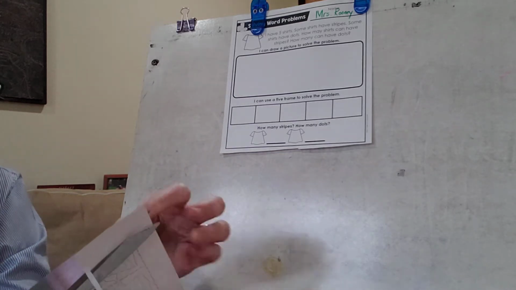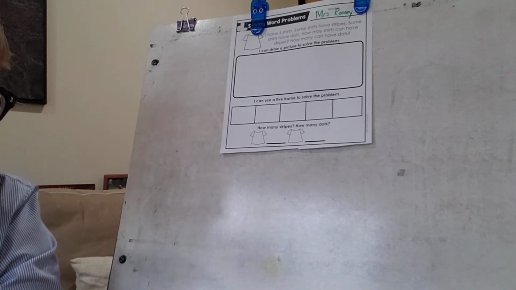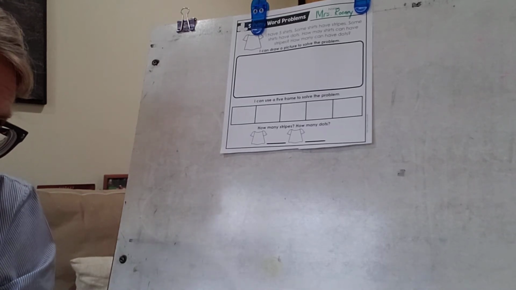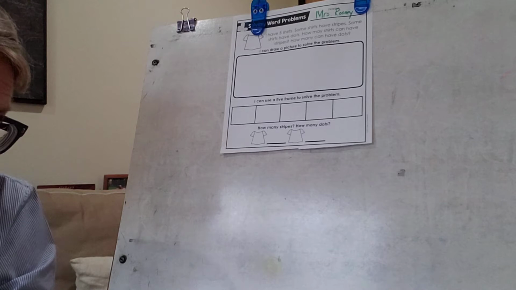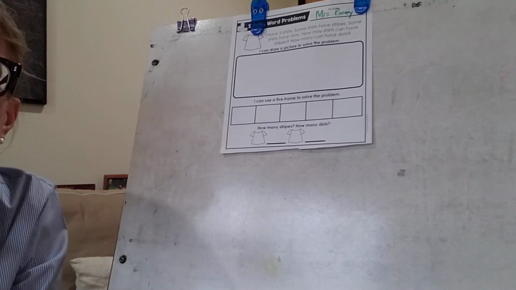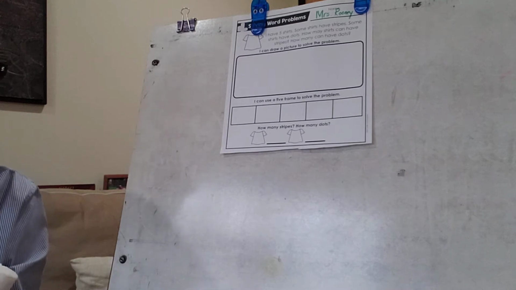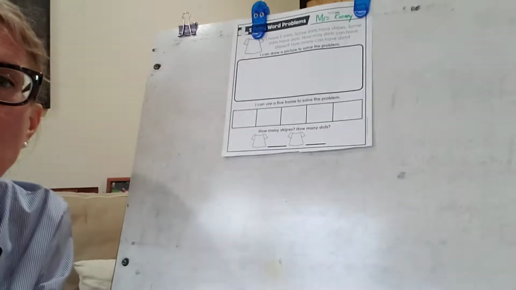I'm going to cut out my 5 shirts now. So you're going to cut your shirts out too. Now I'm going to take my glue. And if you're still cutting, that's fine. Keep cutting. You can always pause me.